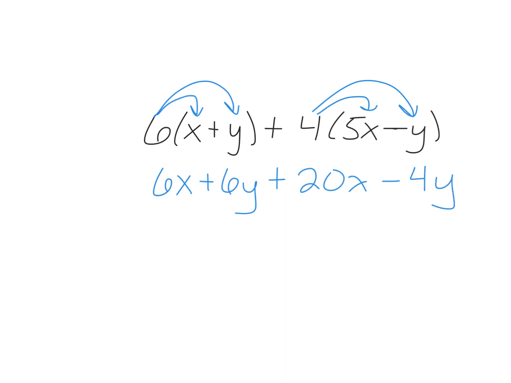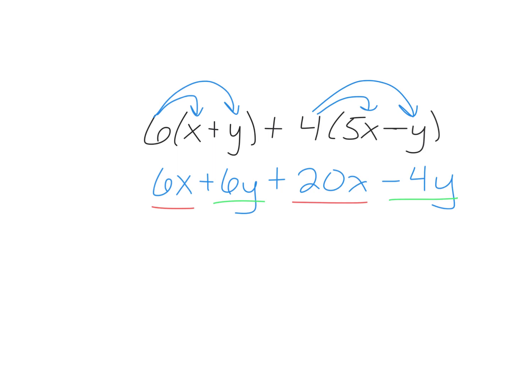Just like we were on the other ones, why are we not done? Because there's like terms. What are like terms? Give me an example. 6x and 20x. What's another like term? 6y and negative 4y. Do not forget those negative signs.